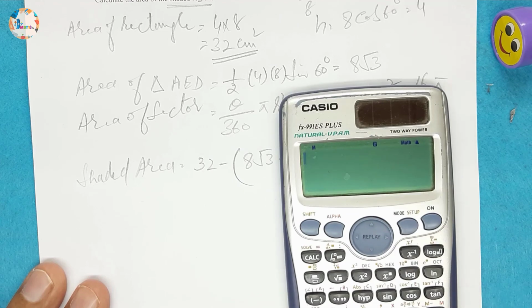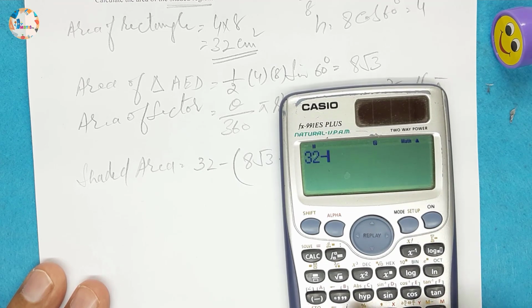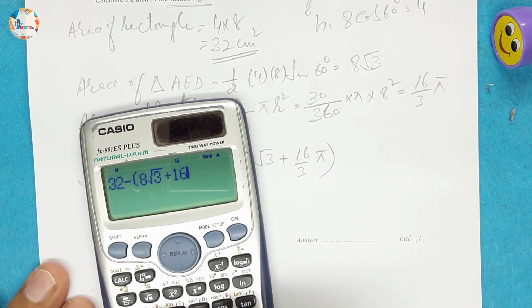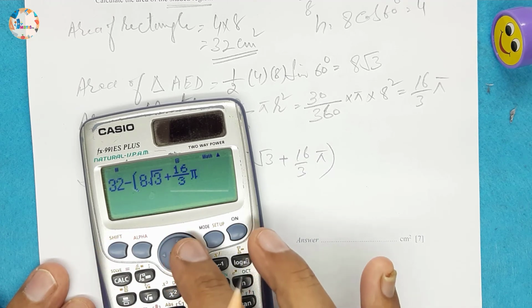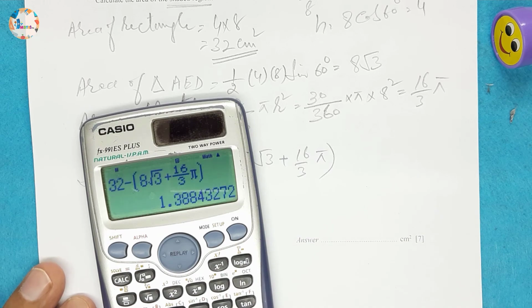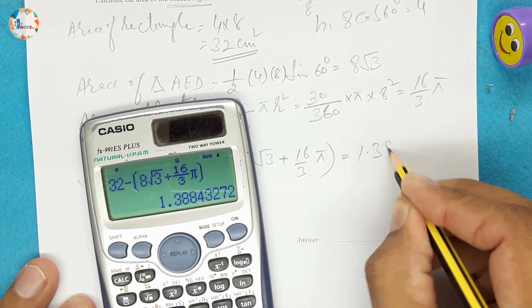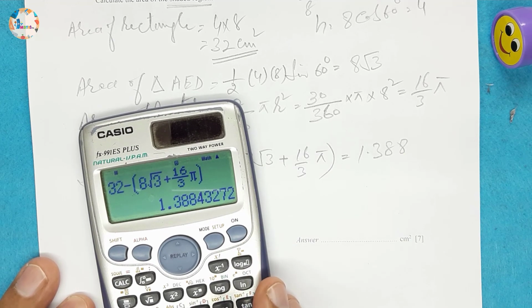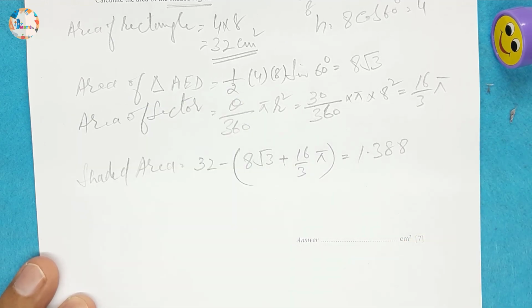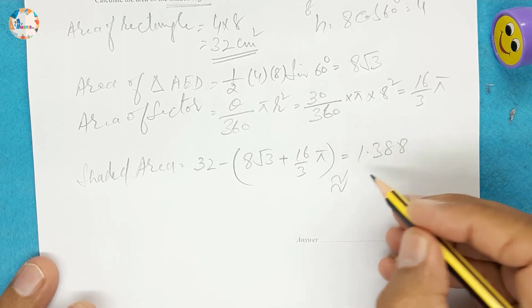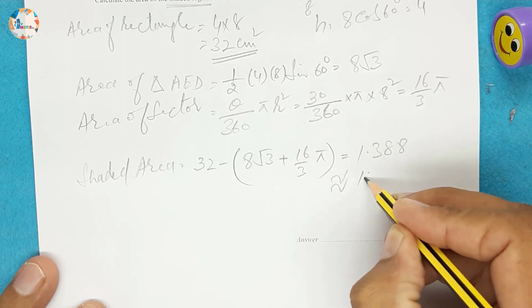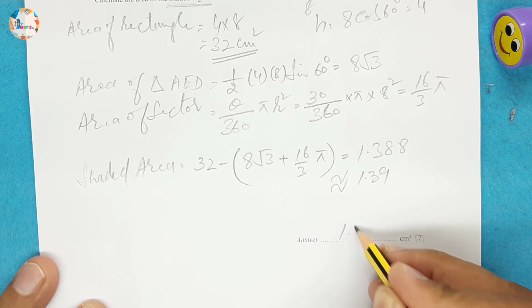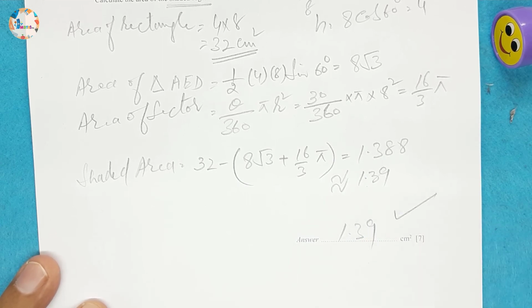If we simplify this, 32 minus in brackets 8 root 3 plus 16 over 3 pi, this will be equal to 1.388. We can write the rounded answer up to 3 significant figures as 1.39. So 1.39 will be our final answer.